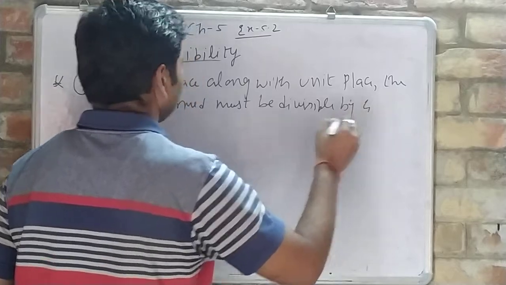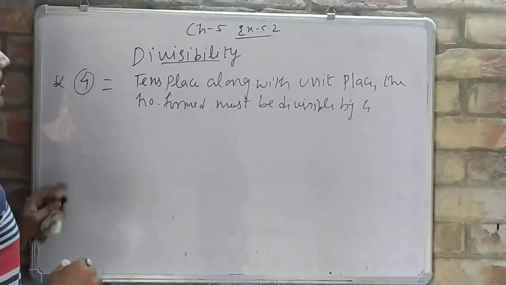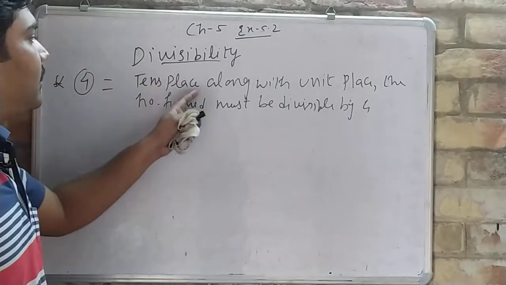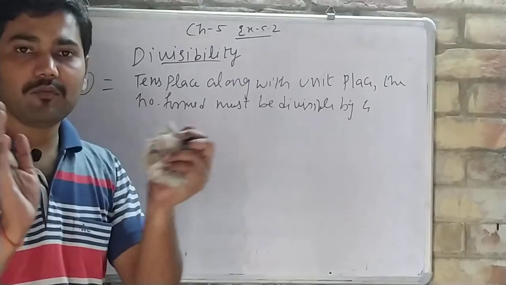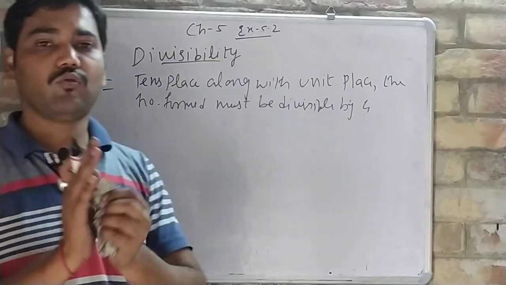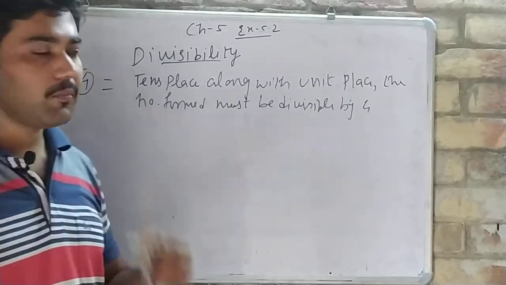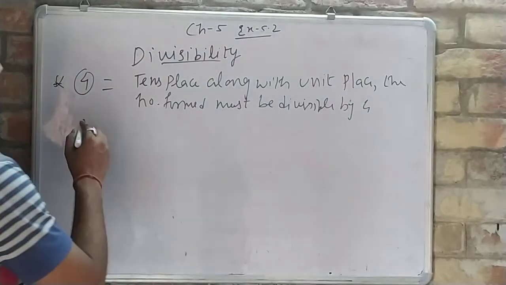Okay, in a number, the tens place and unit place digits, when we join them, if divisible by 4, then the number is divisible by 4.